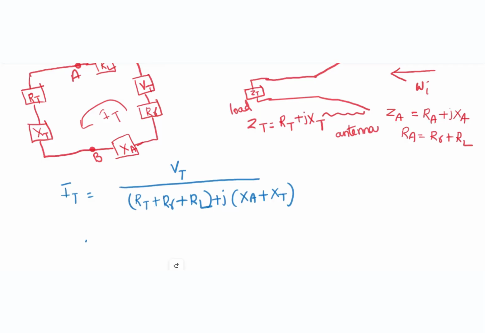So what is AE? Half IT square RT by WI. Okay. So now we'll substitute this IT expression.